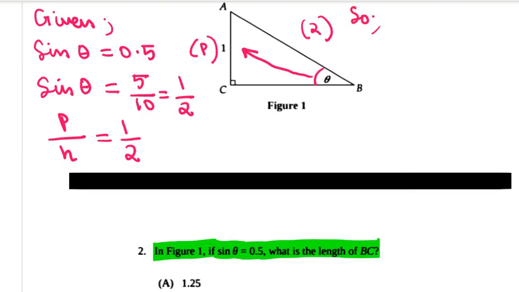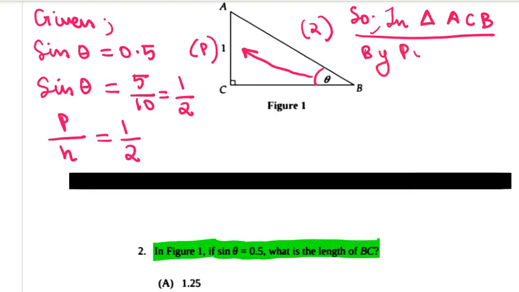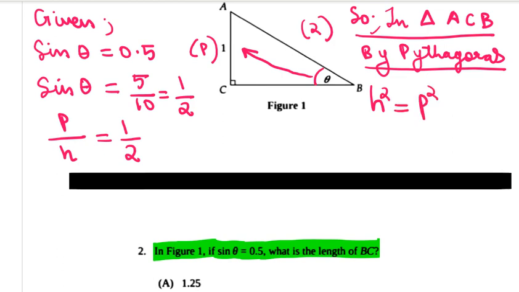So you can do in triangle ACB by Pythagoras. We have to find BC, right? So h square is equal to perpendicular square plus base square.